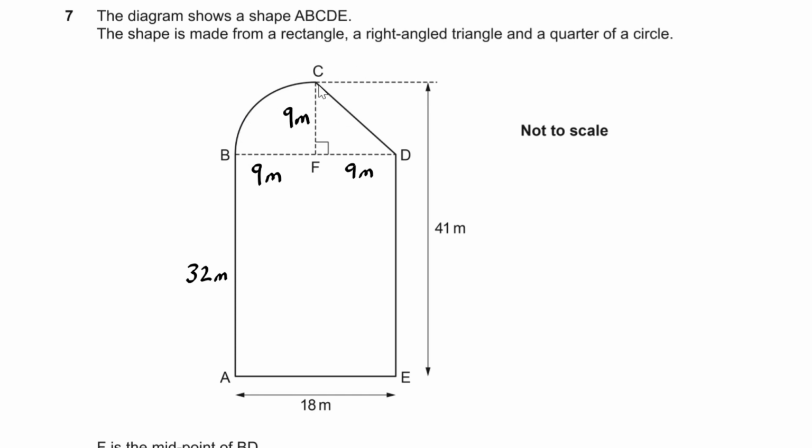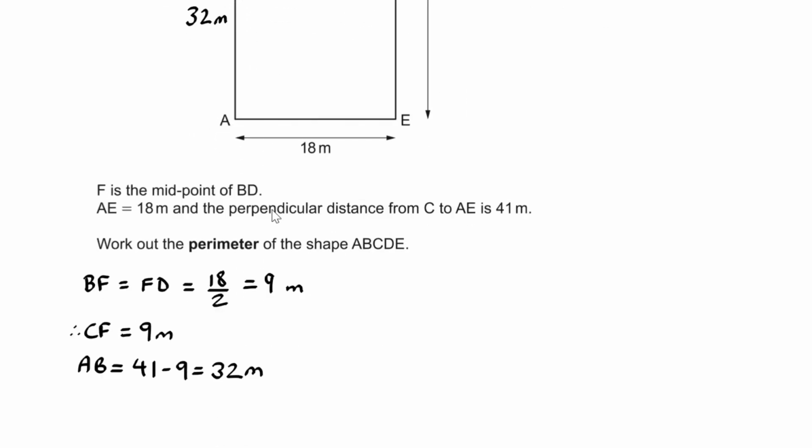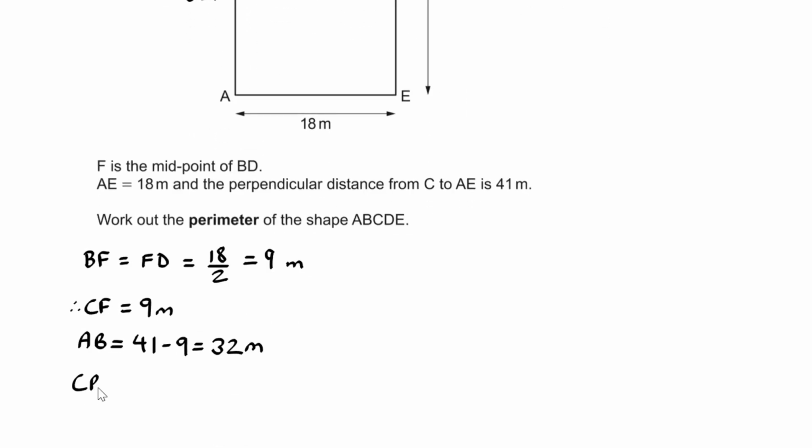We can do that by recognizing we've got a quarter of a circle. So CB, well, to work out the circumference of a circle, that's pi times 2 times the radius.